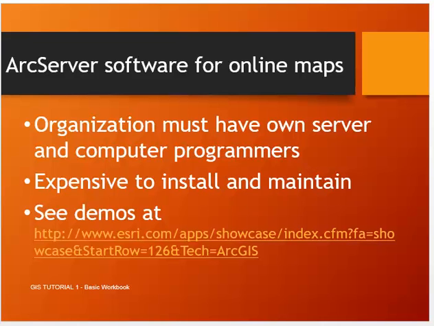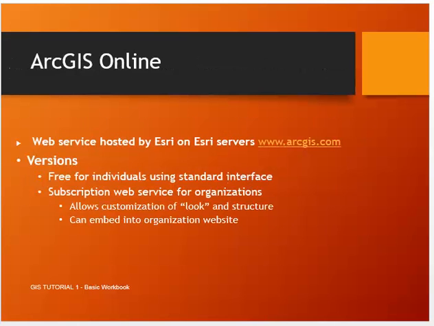The first one is to buy your own server, and a computer programmer and IT guy, to buy expensive hardware and software and spend time maintaining it so that you can serve maps and data on the web, online. The other way you can do it is to use arcgis.com or ArcGIS Online.